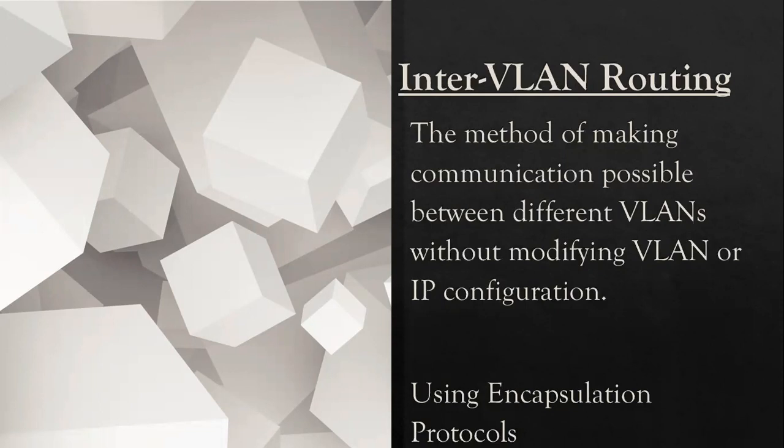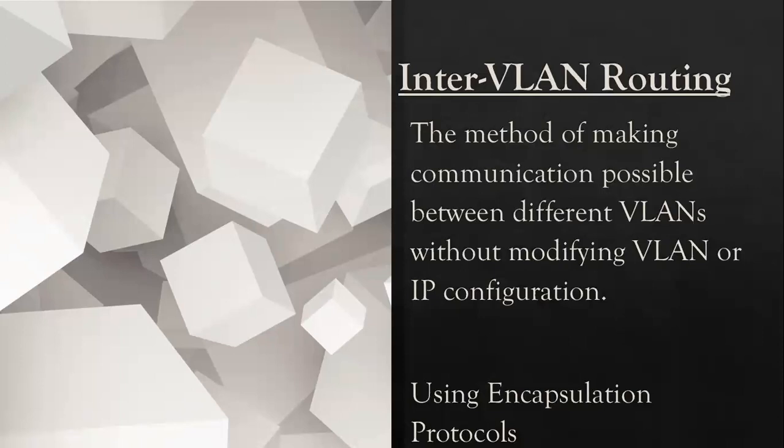The process of making communication between different networks is routing, which I explained in a video on the basic routing concepts. Here the concept is of VLANs, but these VLANs are different networks between which we need to make communication. So routing is required for that.